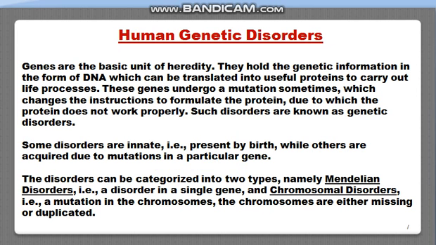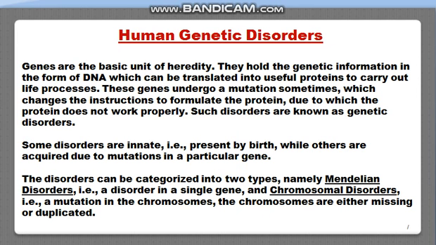So some disorders are present in human beings at the time of birth, and they are known as innate disorders. And some disorders are acquired due to some changes or mutations in the genes, and they are acquired afterwards in the lifetime.